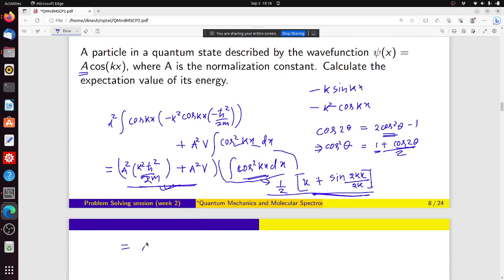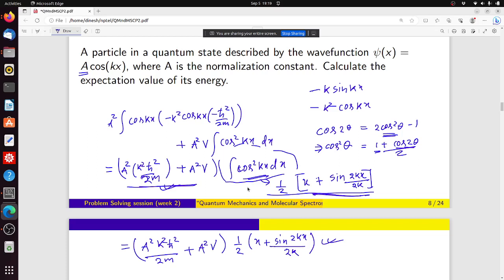So the answer is A square k square h cross square over 2m plus A square b, whole into half x plus sin 2kx over 2k, right?